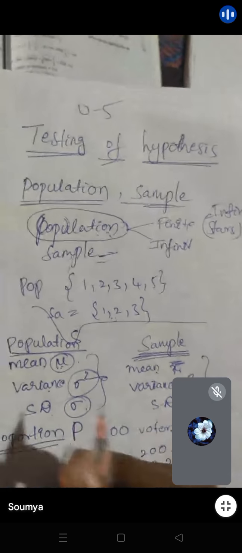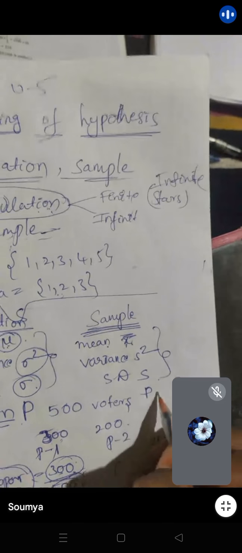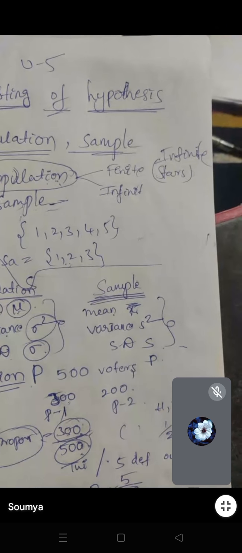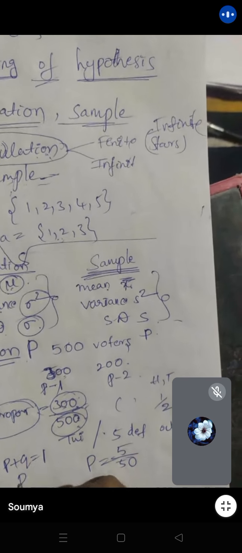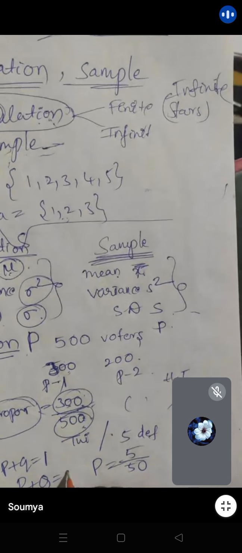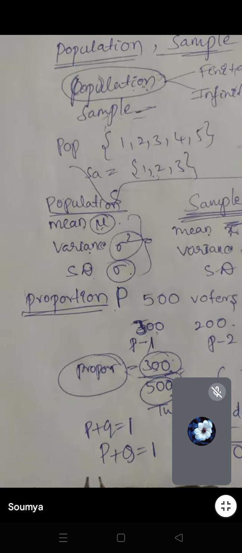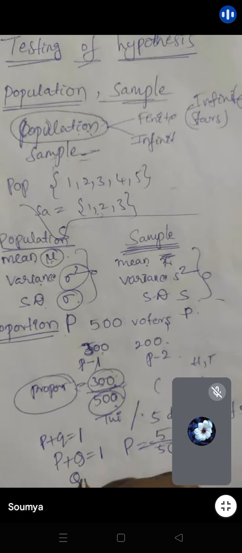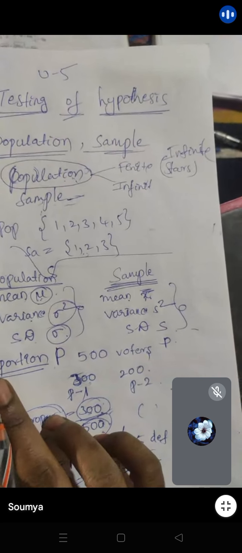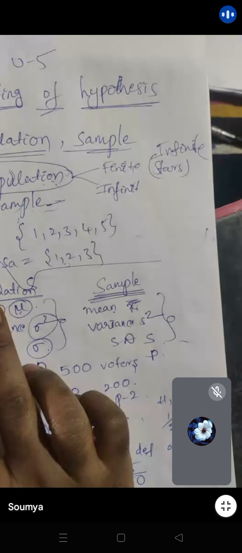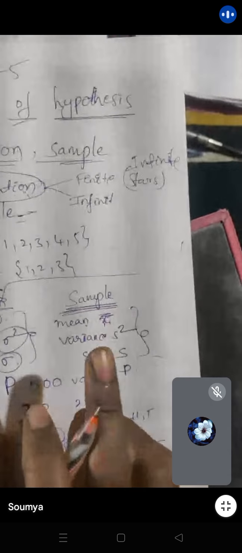We denote proportion by capital P for population and small p for sample. And we know the formula P plus Q equals 1, so you can calculate Q also as 1 minus P. Remember, capital P is for population, small p is for sample.